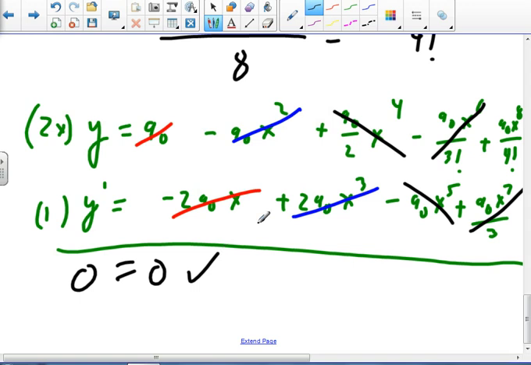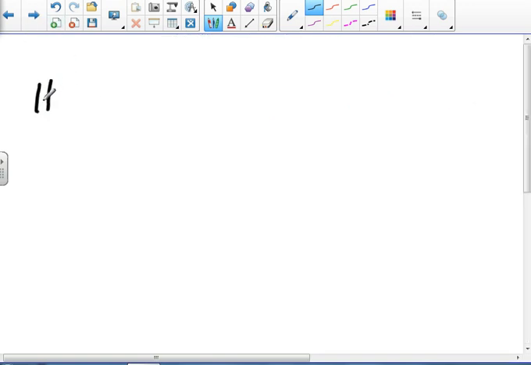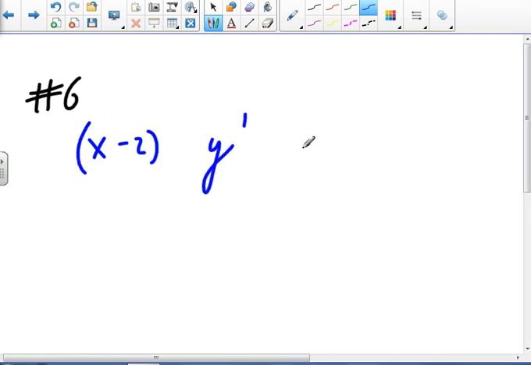Okay, I'm looking at number 6. X minus 2 y prime plus y is 0. Okay, we still have a way to solve that if we really wanted to.